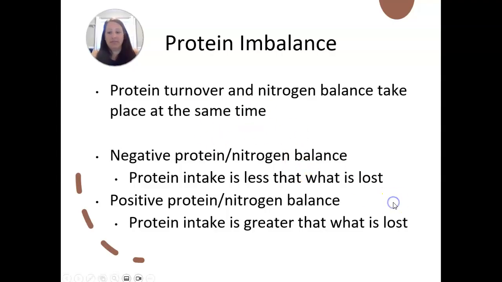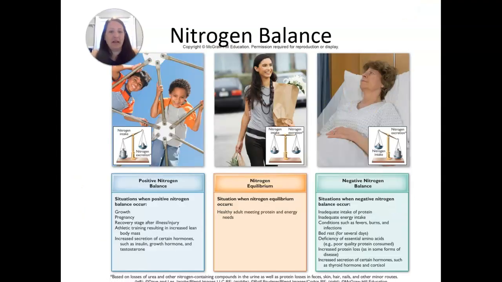What does this mean? When does this happen? Okay, so in the middle here, I have nitrogen balance. So again, a healthy individual, not growing, not in a disease state, is going to be in protein balance if they're taking in enough protein, which we're going to represent with nitrogen here.